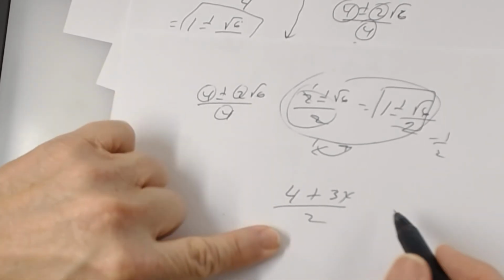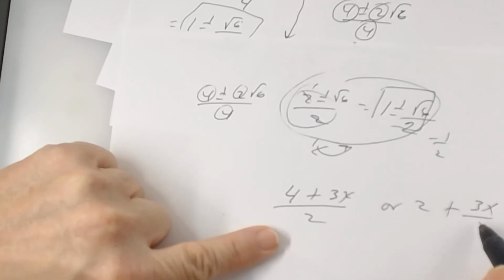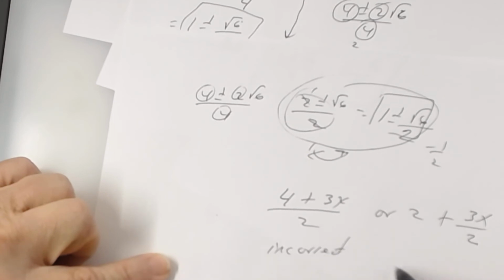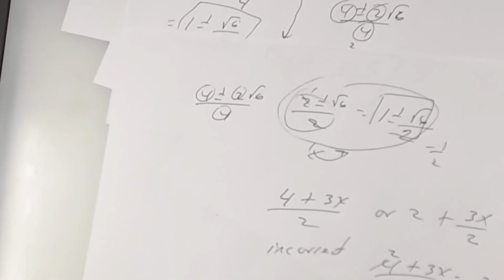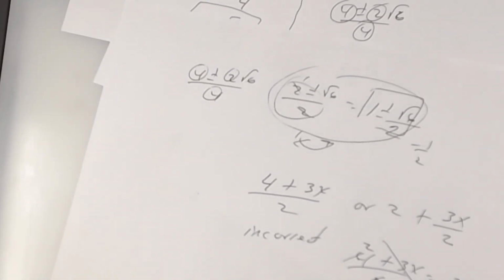You can say 4 divided by 2 is 2, plus 3x also has to be divided by 2, right? But it is incorrect to say this. You understand? Because you're dividing this 2 into this one only, but it also has to be divided into that one as well. So be careful. I just need to bring that up because some of you are going to do this, and you're going to be upset.